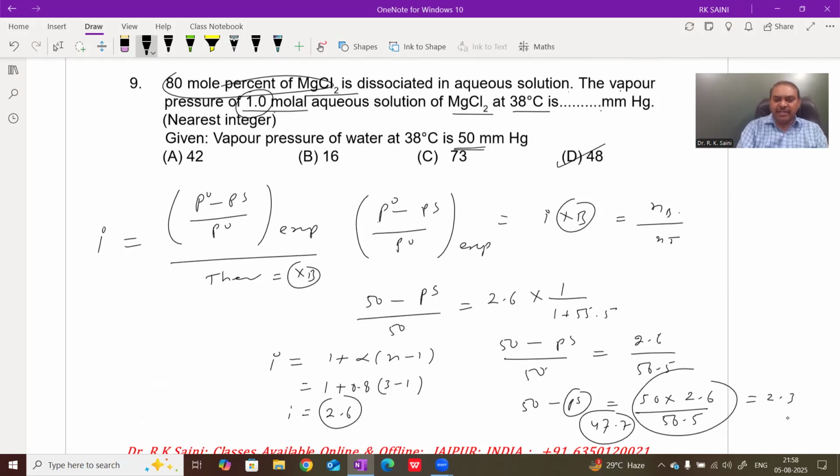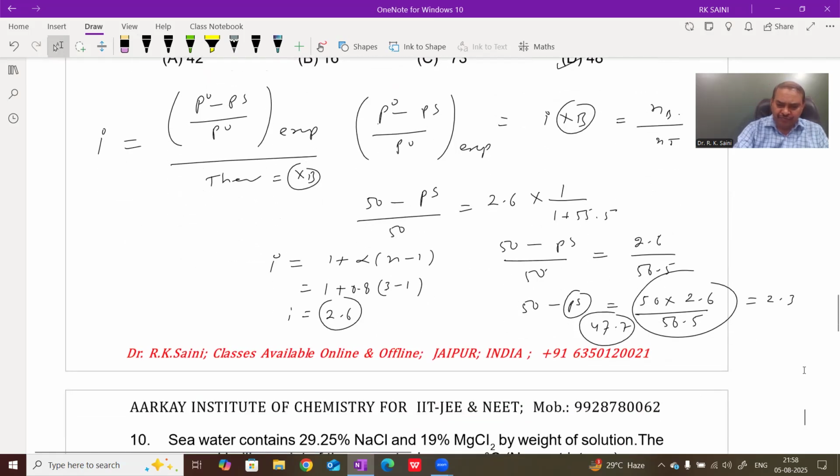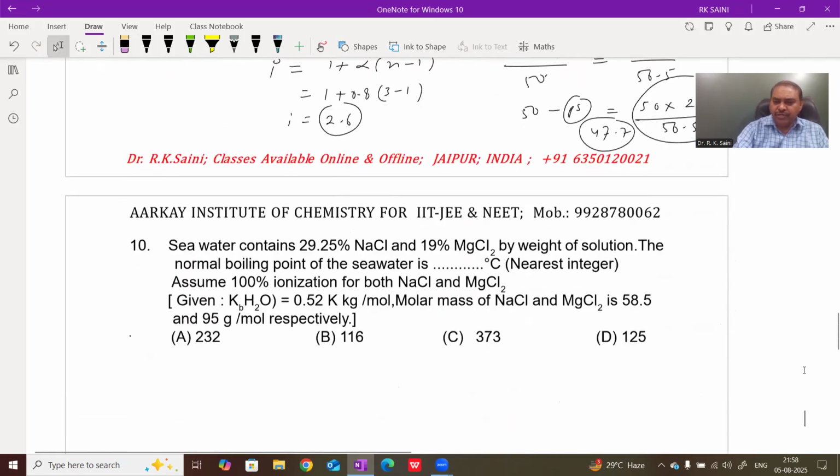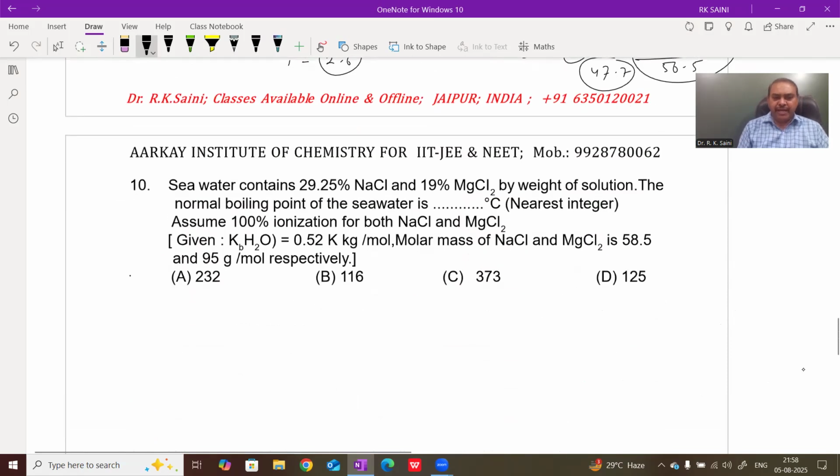Integer. Question number 10. Very important question, asked in JEE Main 2023. Question 10. Seawater contains 29.25% of NaCl and 19% MgCl2 by weight.